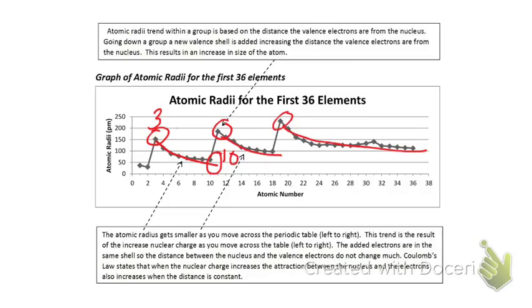Because the nuclear charge is increasing, the effective nuclear charge must also be increasing. And since the effective nuclear charge is increasing, the magnitude of the force from the nucleus to the valence shell is getting stronger as we move across the periodic table left to right.